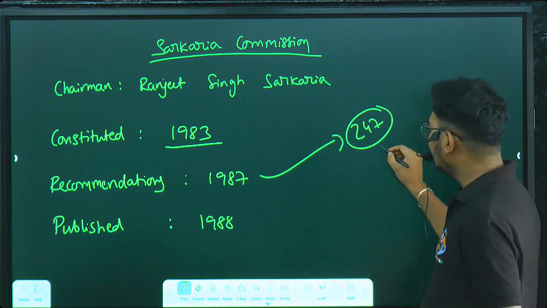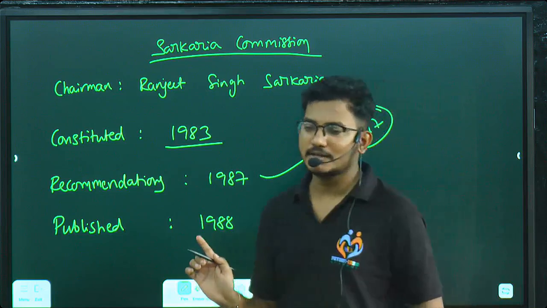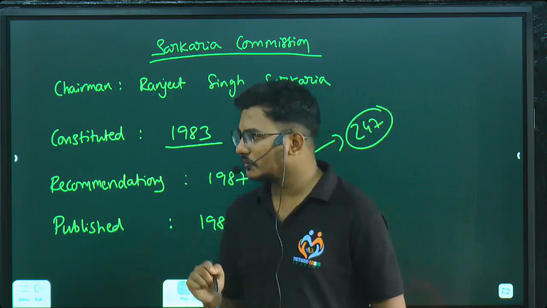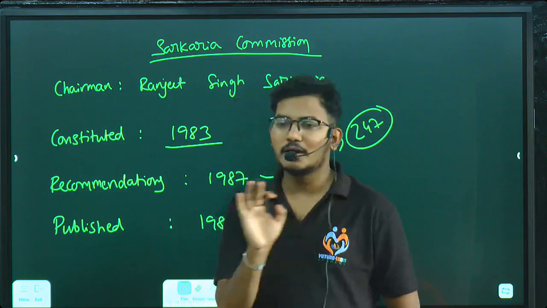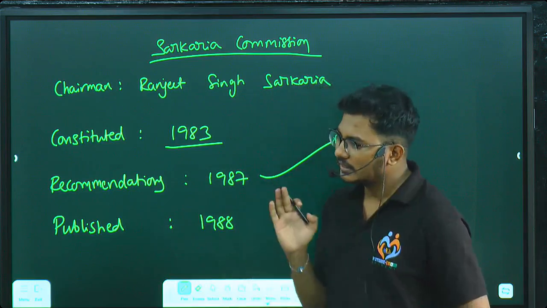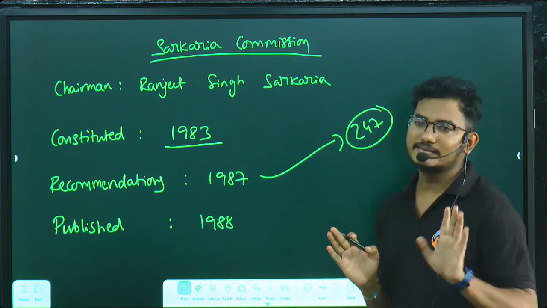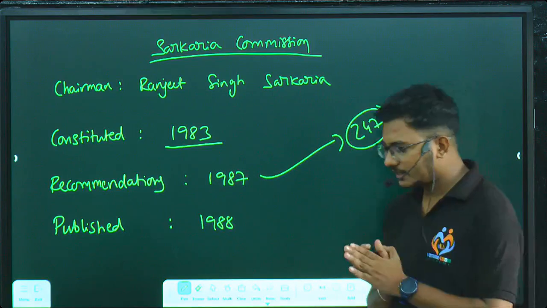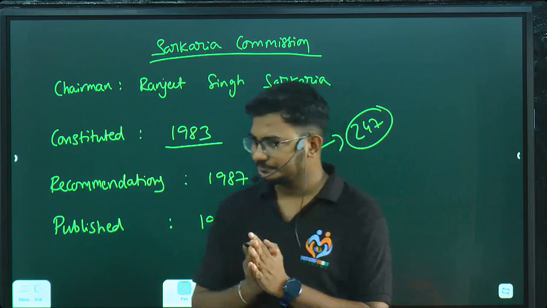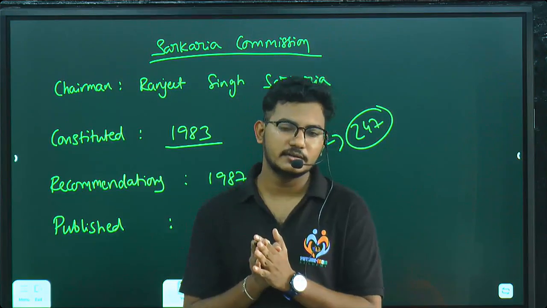But see, it is impossible for me to teach all those 247 recommendations, and it is impossible for you to remember all of them. So I'll tell you some important recommendations from your examination point of view. But still, I recommend that after this class you search on Google for the Sarkaria Commission report.